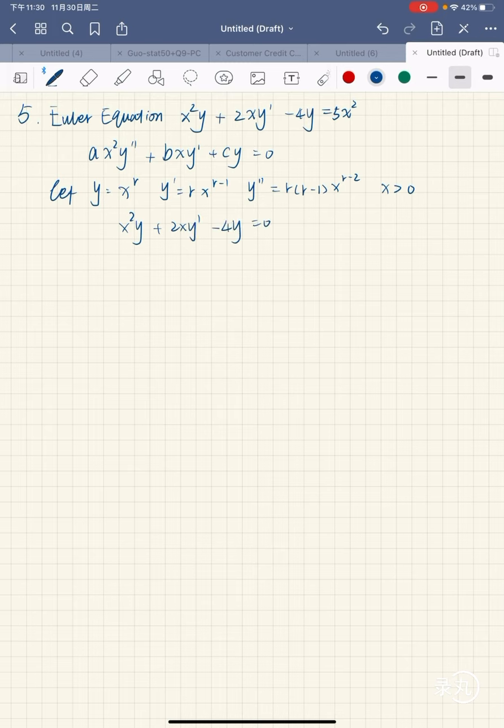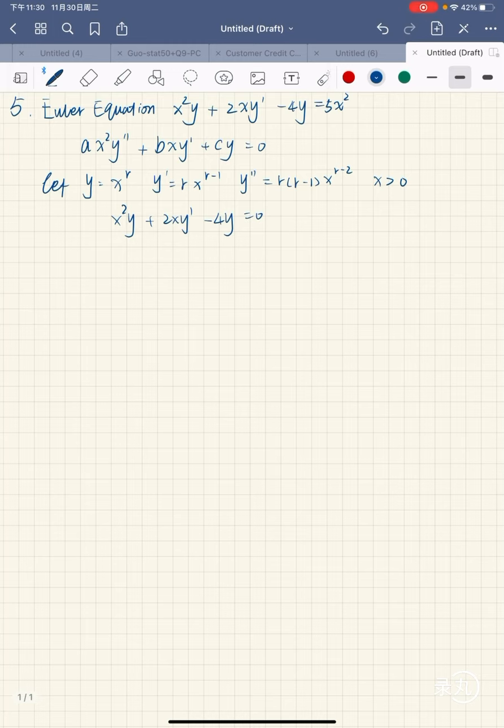equals 0. So let's plug it into this homogeneous equation. So it will be r times r minus 1 times x to the power of r, plus r minus 2 times x squared, minus 2x times r times x to the power of r minus 1, minus 4x to the power of r, equals 0.